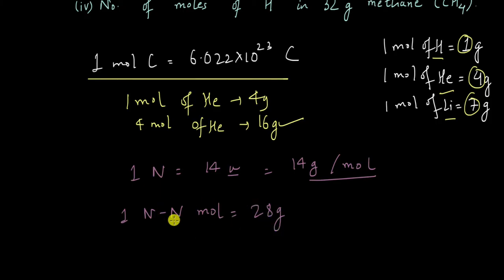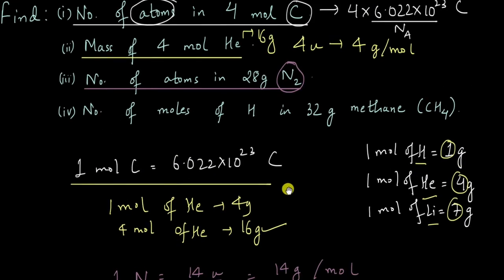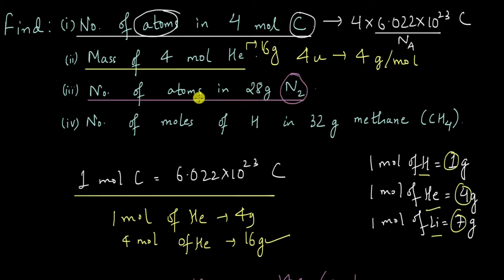So if 1 mole of nitrogen molecules has 28 grams and we are asked what is the number of atoms in 28 grams of nitrogen, the first thing we have seen is this is 1 mole of nitrogen molecule. That is 6.022 into 10 to the power 23 nitrogen molecules.